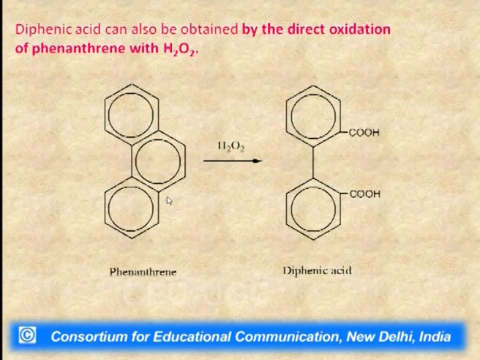So, we can get many oxidation products using different oxidizing reagents. Steps may be different using the different reagents, but the final oxidation products we are getting are diphenic acid and the phenanthrene quinone.